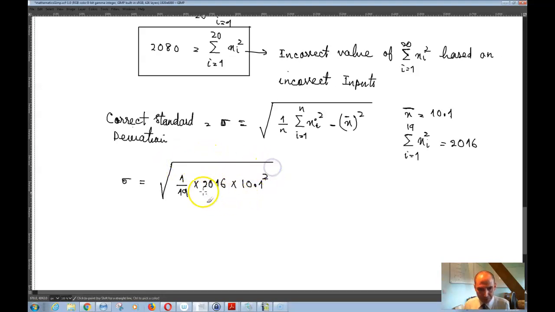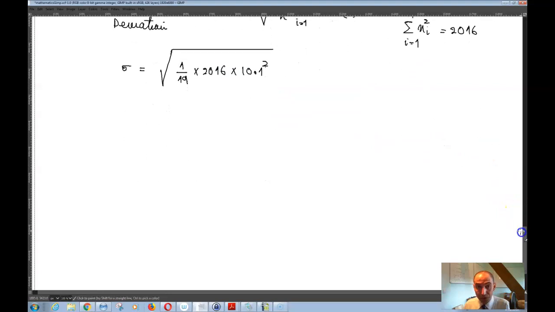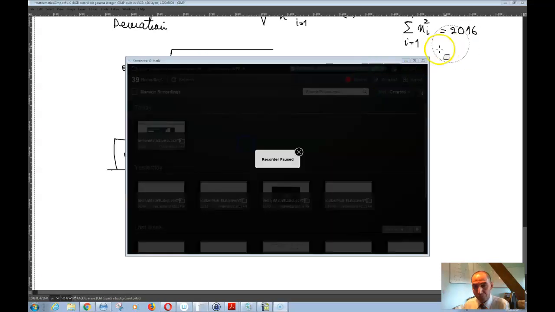If I calculate this, that will be the value of sigma when you take that 8 out. So let's calculate this. You have 2016, and you want to divide it by 19.